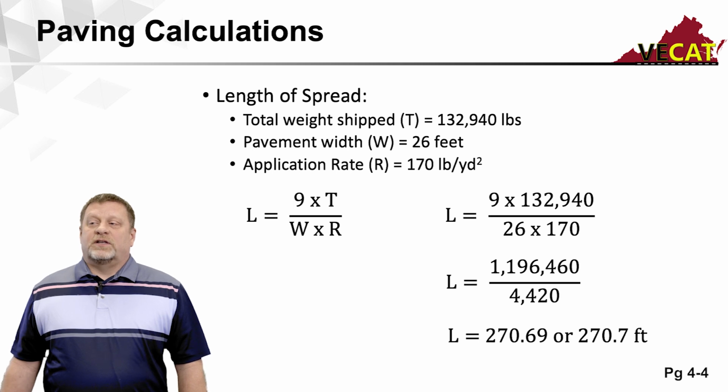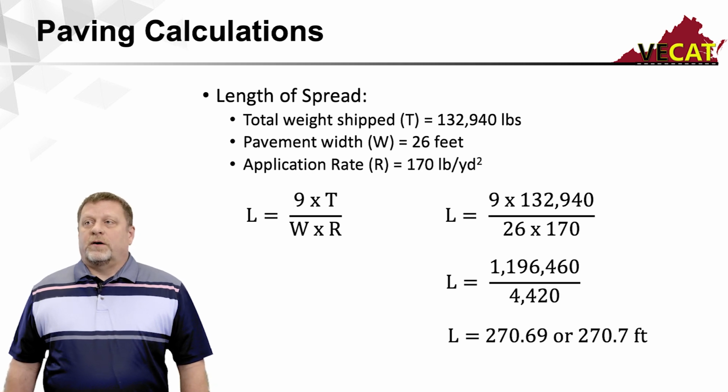This math gave us a length of spread, if we were placing a pavement 26 feet wide with an application rate of 170 pounds, 66.4 tons would cover a distance of 270.7 feet minimum. So that's basically the math that we're talking about. And we're going to go through lots of formulas in this presentation and work them out. So just follow along as we go.